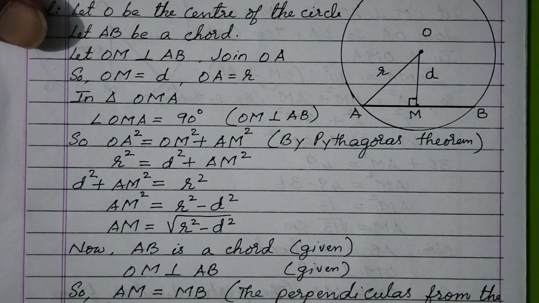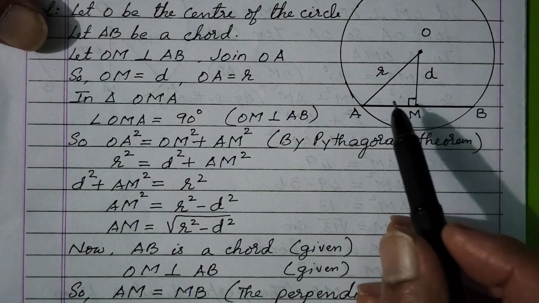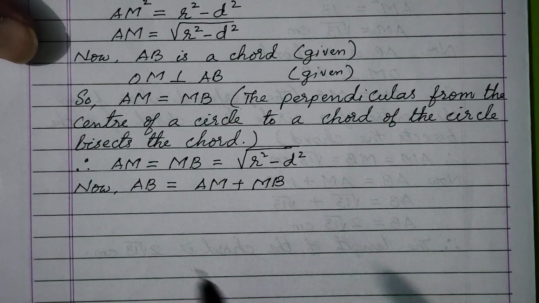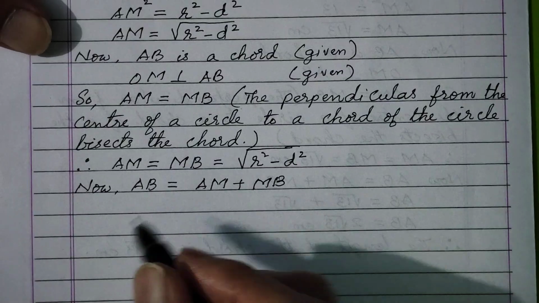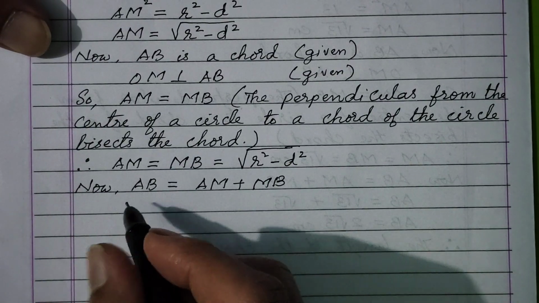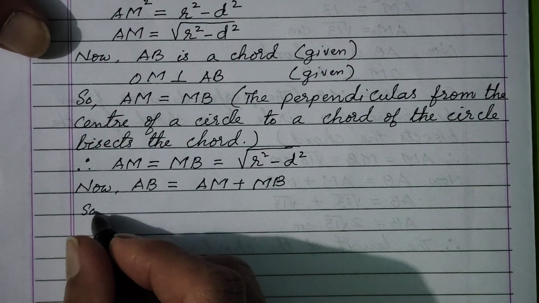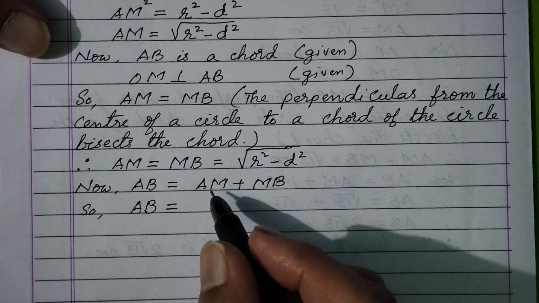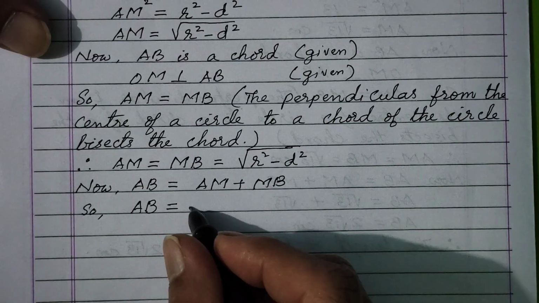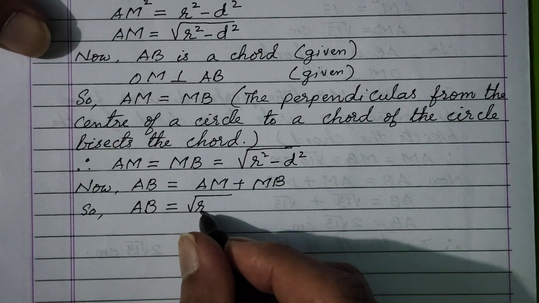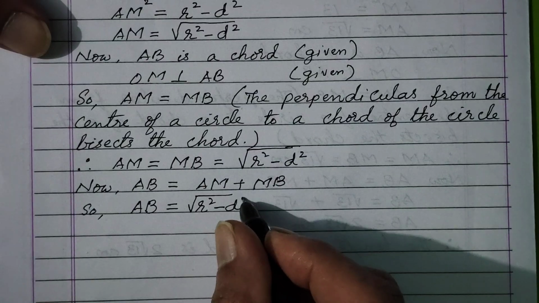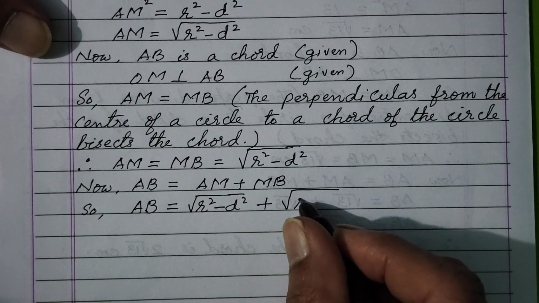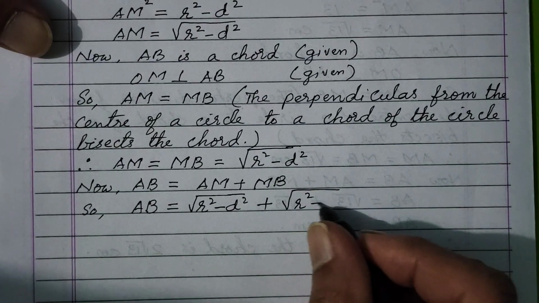You can see here AB is equal to AM plus MB. So AB will be equal to, AM is what? AM is root of r square minus d square plus MB is also root of r square minus d square.